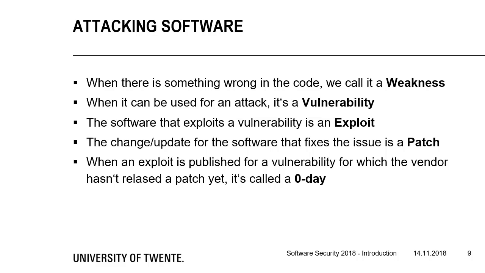That patch might be delivered either in source code form or in binary form. So when you release a new version of your program that has that vulnerability fixed, then that's a patch. And when an exploit is published for a vulnerability for which the vendor hasn't released a patch yet, we call it a 0-day. So a 0-day is an exploit without a corresponding patch, which means it will work against pretty much everything, because you have no chance to patch it.